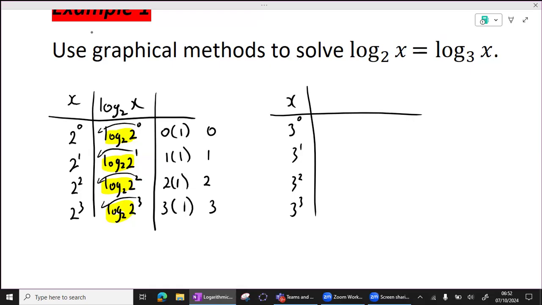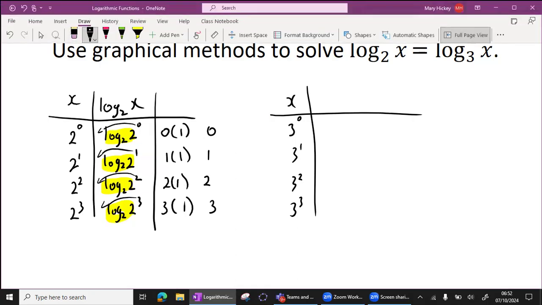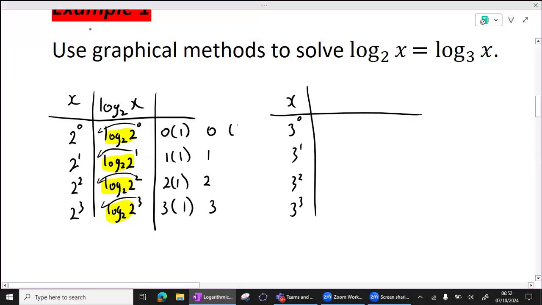Right, so my couples are 2 to the power of 0. So 2 to the power of 0 is 1. So my first couple is 1, 0. My next couple, 2 to the power of 1 is 2. So I'm putting my domain and my outputs together, my inputs and my outputs. 2 to the power of 2 is 4. So that's 4, 2. And then 2 to the power of 3 is 8, so 8, 3.